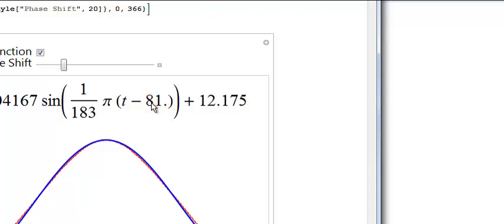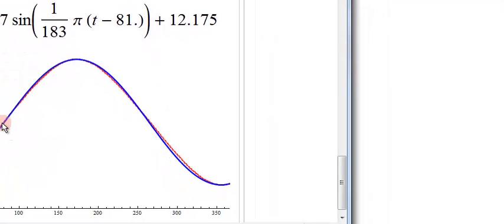Now let's think about that. Remember, it was at the baseline, at the center. The place of equal daylight and equal darkness, about 12 hours, was at the center here, and we shifted it over 81 days.